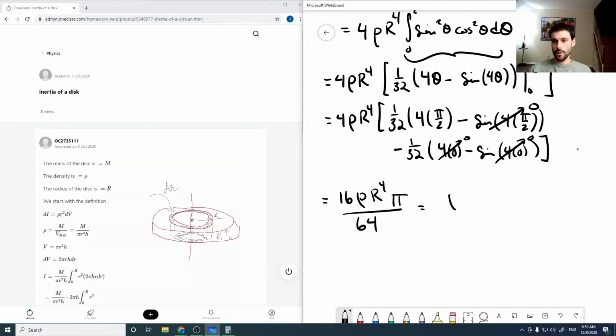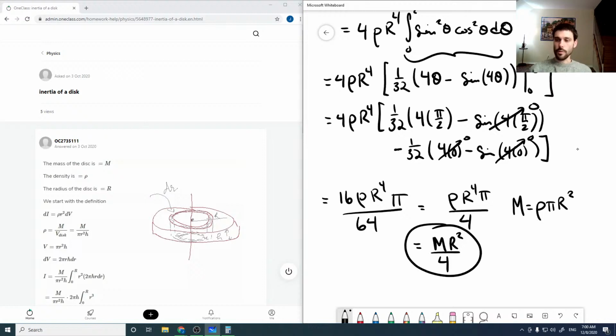So that's rho r to the 4th pi over 4. And if we remember, our mass is rho pi r squared. So then this is just m r squared over 4.